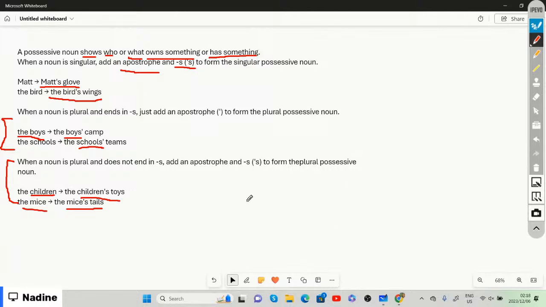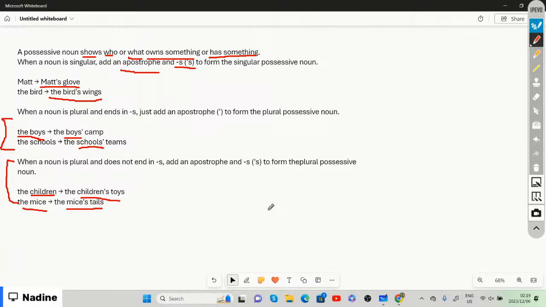All right, so once again, if we go over what we see on our whiteboard, right? We see the possessive noun. It shows who or what owns something or has something. Then we have plural possessive nouns, right? Or let's say we first have singular possessive nouns. And it basically shows something that belongs to the next person.